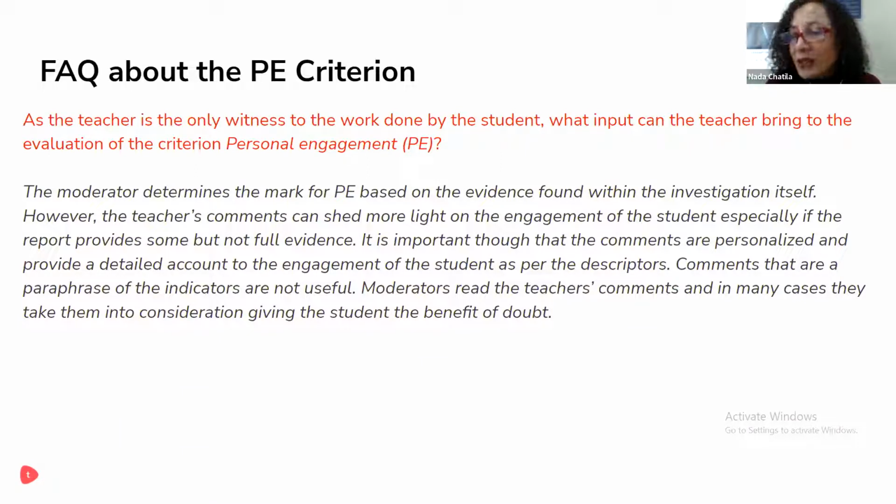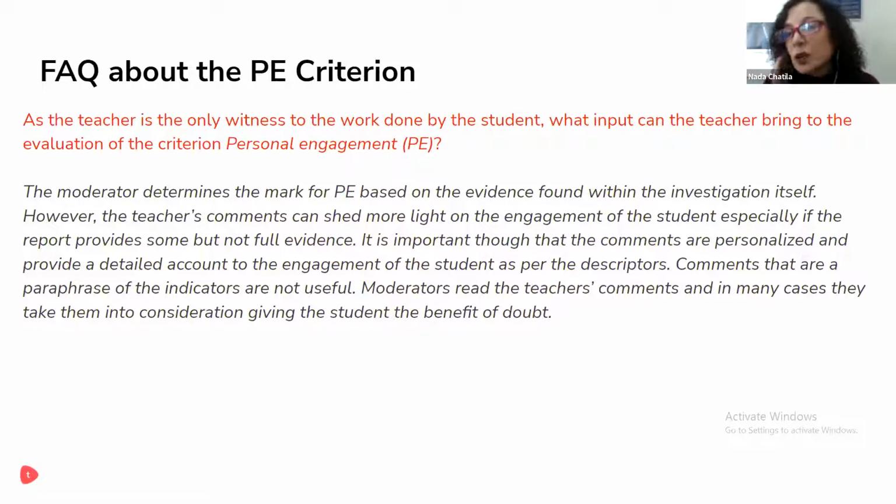However, for the comments to be really important, they need to be personalized and detailed and connected to the descriptors. For example, if the student did run a preliminary investigation and used it to improve their method, and this is not included in the report, a comment to this effect can really help us to have an idea about the initiative of the student.